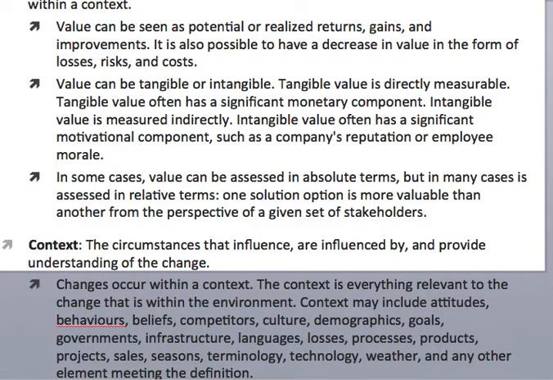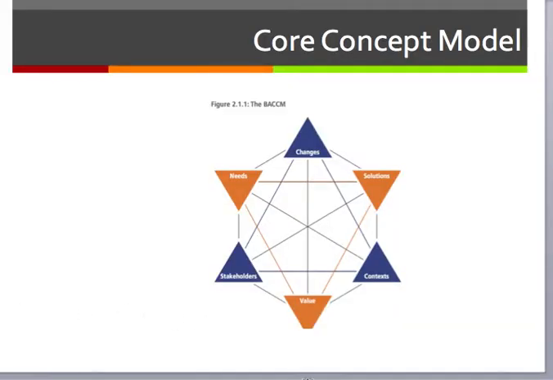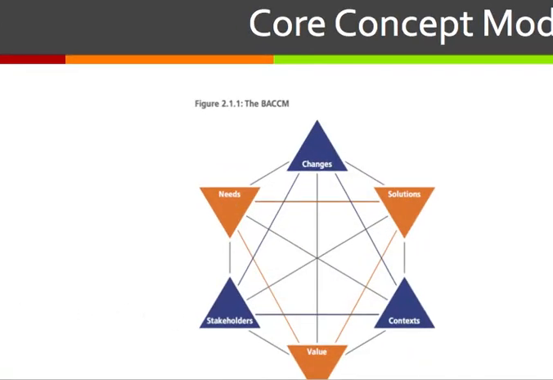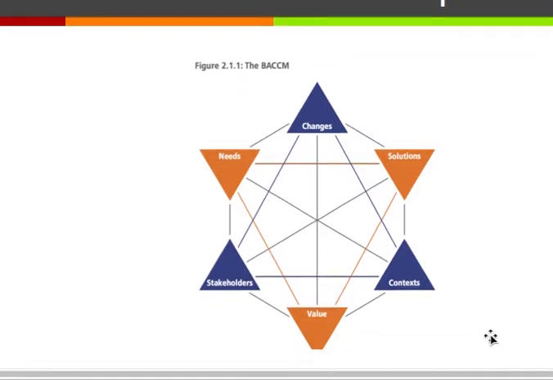So these are the core concepts, and here is a diagram. Let me just increase this a bit. The diagram shows the core concepts: change, need, solution, stakeholders, context, and value. They are all interlinked.